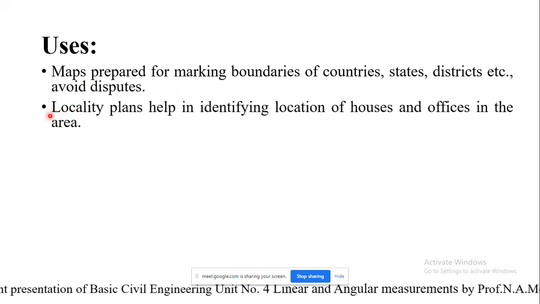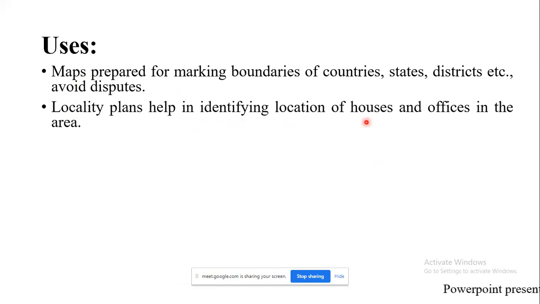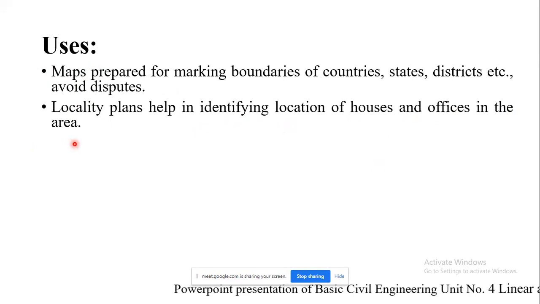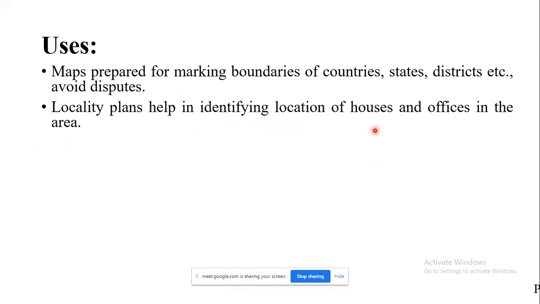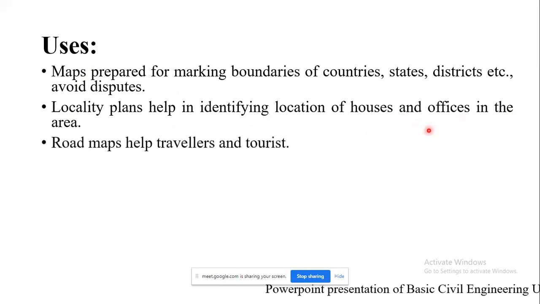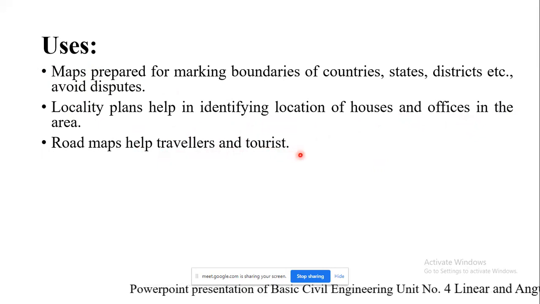The next one is the locality plans help in identifying the location of houses and offices in the area. So if you have a plan, you can identify where a particular house or office is present in the area. Road maps help travelers and tourists.